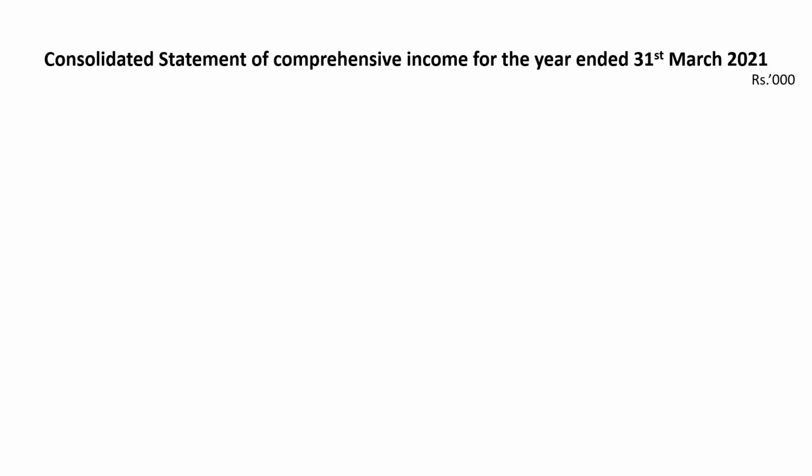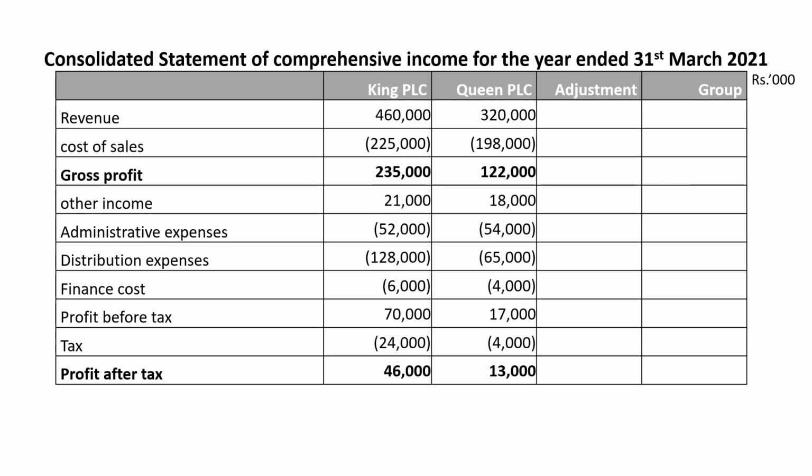Now let's see the impact of this intercompany trading on the consolidated statement of comprehensive income. First, we are going to remove this intercompany trading of 8 million. Since this is in rupees thousands, we are going to remove 8,000 from the revenue and add it back to the cost of sales. Now, due to this transaction, we have 4,000 of unrealized profit.